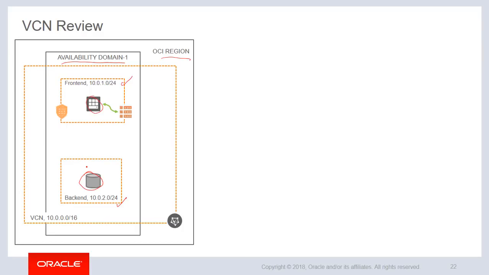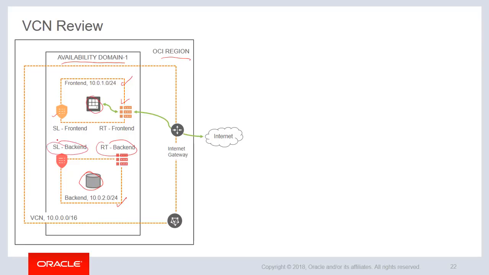Now, as we saw earlier, the front end, the public subnet, has its own route table and its own security list. We call them the front end route table and front end security list, and similar to the front end subnet, the backend one has its own route table and its own security list.